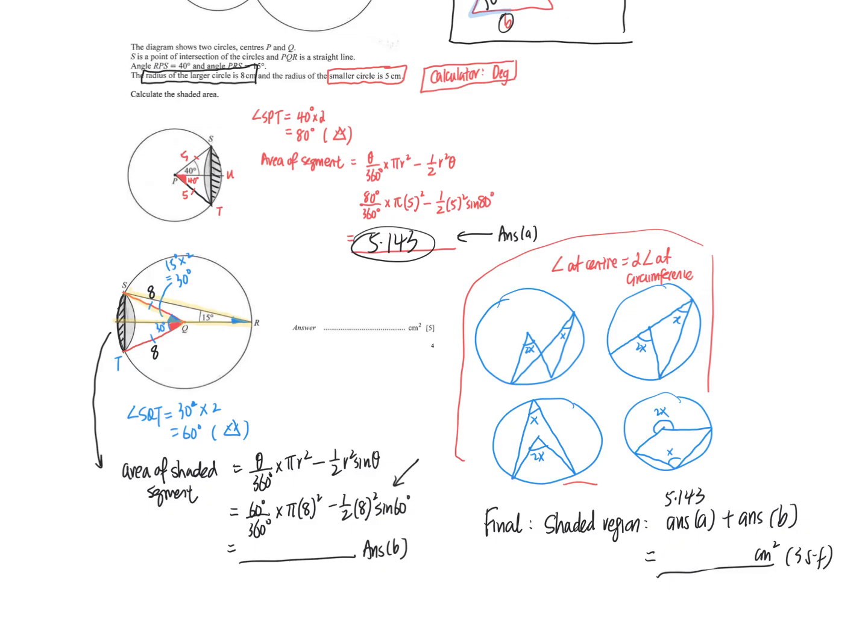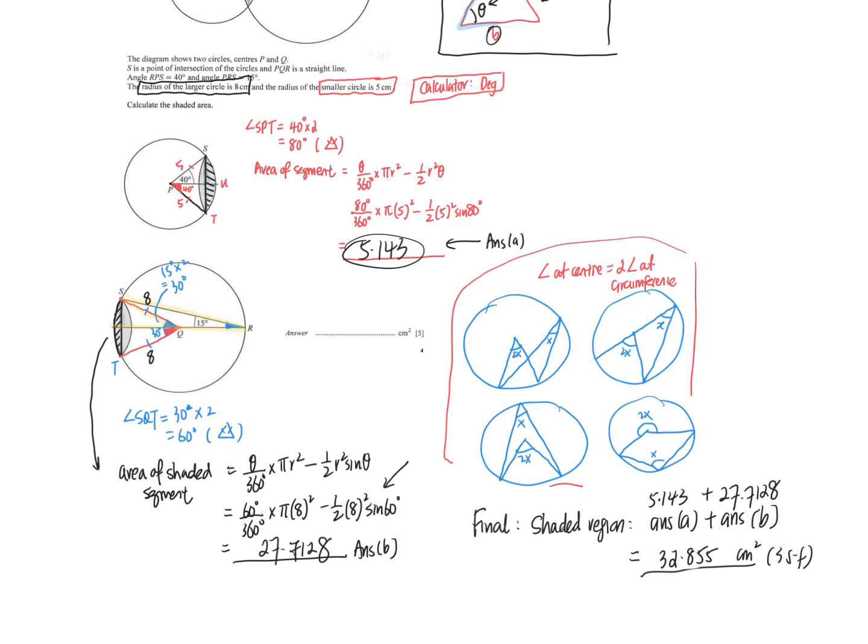You get 37.7. Then the final answer is plus 32.85. If you give me 3 SF, you should have 32.9. Or if you can give me more, it's fine as well.